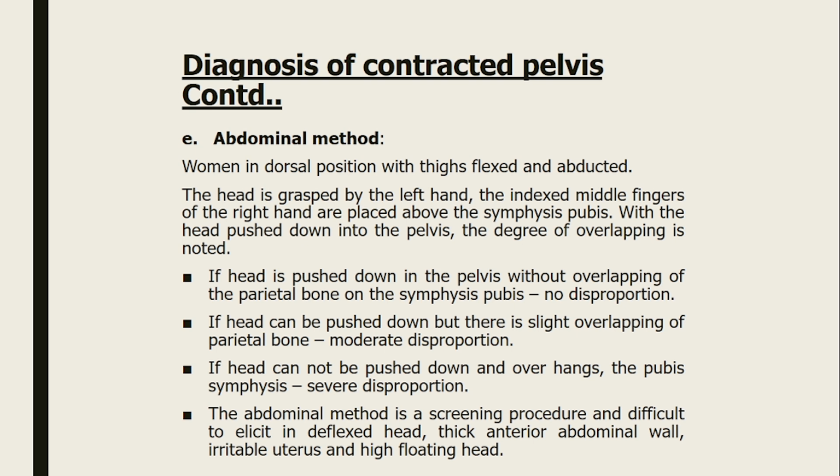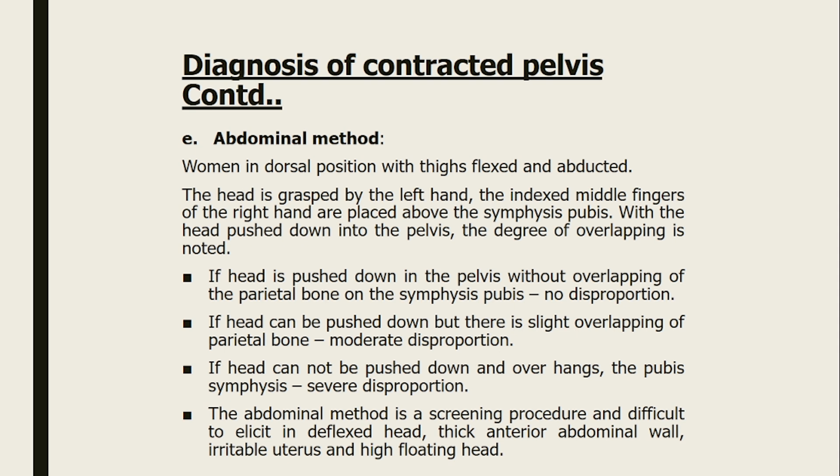I repeat, if the head is pushed down into the pelvis without overlapping, that shows no disproportion. If there is a slight overlapping of the parietal bone, there is moderate disproportion. If the head cannot be pushed down at all and it overhangs the pelvis, there is severe disproportion.